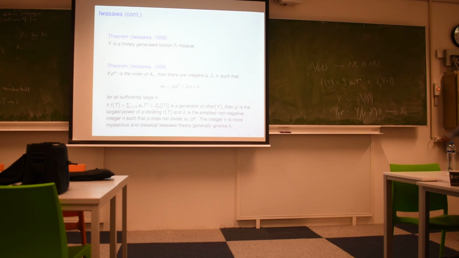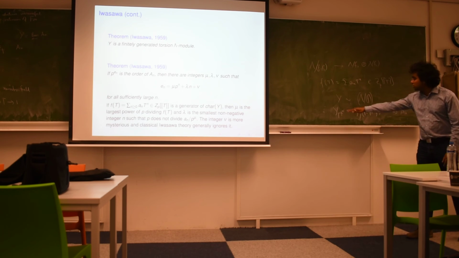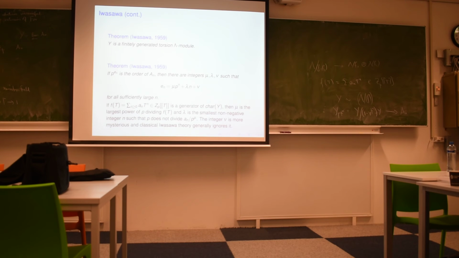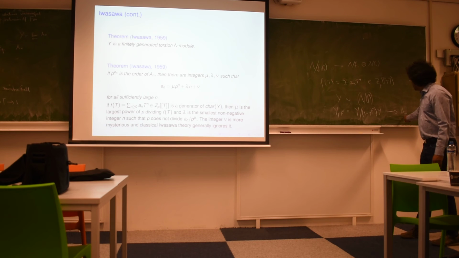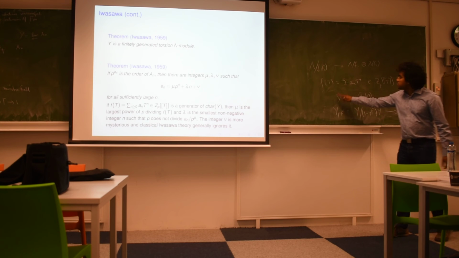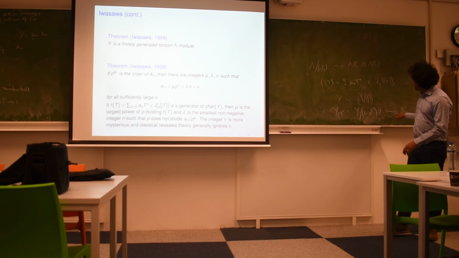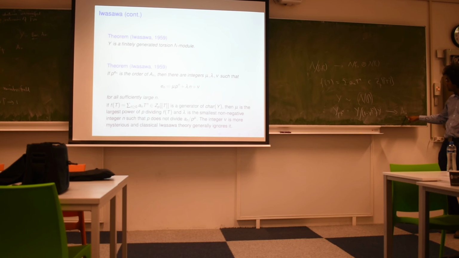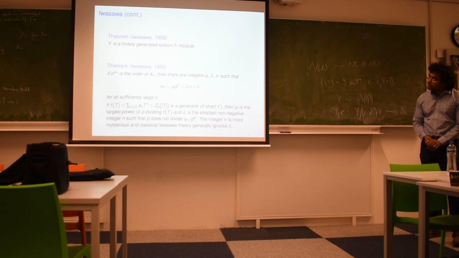So the order of the kernel and co-kernel stabilizes as n varies. That's the reason why you can get a result about the order of the A_n from Y. Theorems of this kind are usually referred to as control theorems in Iwasawa theory. By studying some profinite object, you get information about some finite level objects.